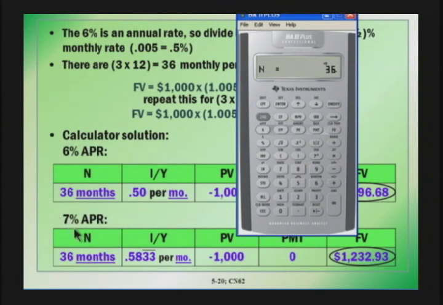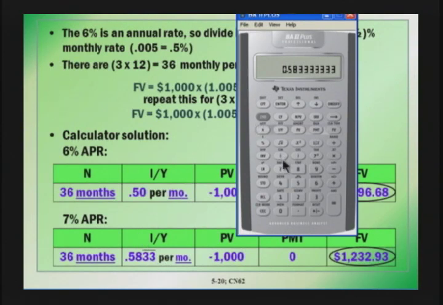Now, I was quoted a 7% rate compounded monthly, so I need to get my monthly rate from that 7% APR, so I divide by 12. There are 12 months in a year. So I take the 7% APR and divide by 12. 7 divided by 12 gives me 0.58333 repeating percent per month. 0.583 repeating is my monthly rate in number of percent.